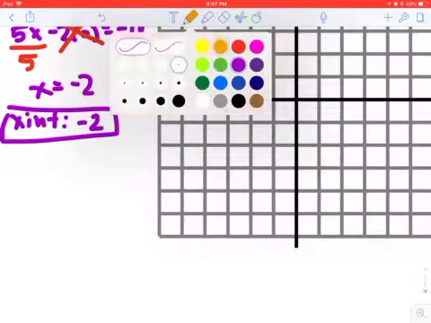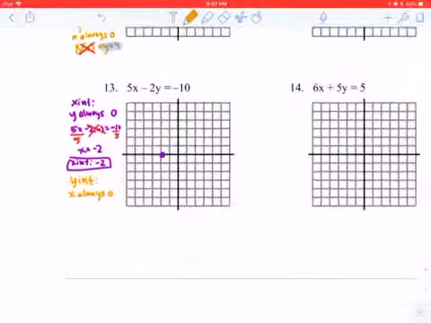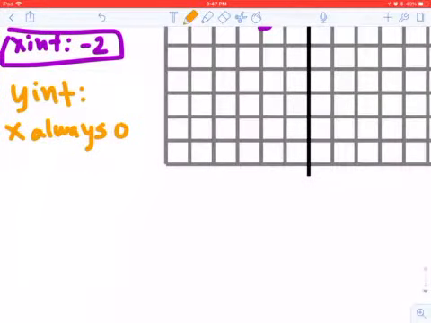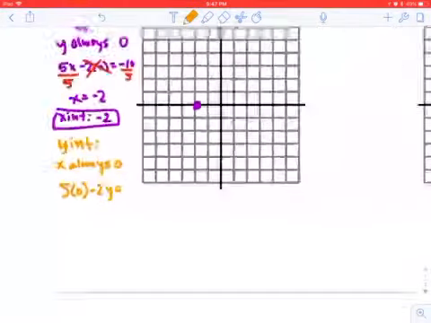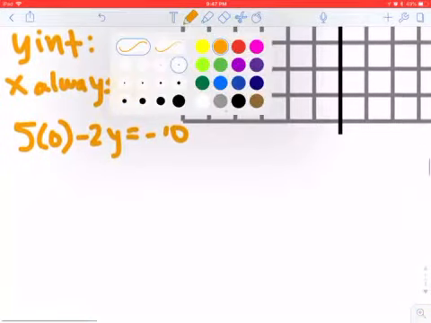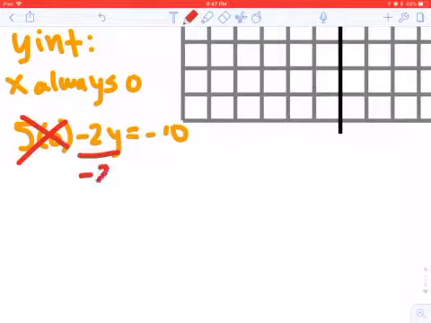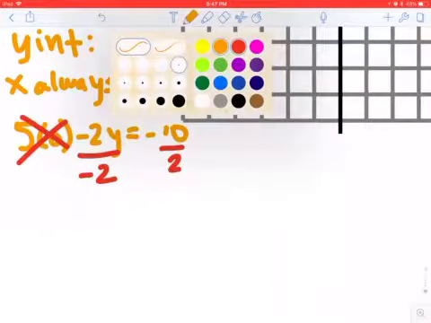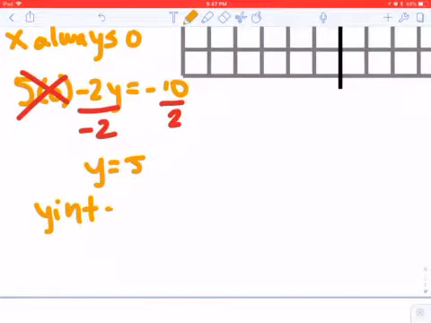Now do my y. For the y-intercept, x is always 0. So that means 5 times 0 minus 2y is equal to negative 10. Again, 5 times 0 is 0, so I can cross that out. Now I need y by itself, so I'm going to divide both sides by negative 2. And you see that y is going to equal positive 5. Therefore, my y-intercept is a positive 5. So now I can graph that.